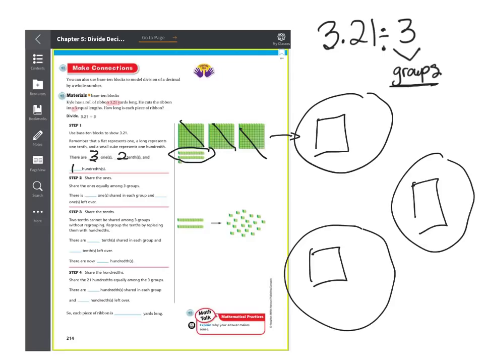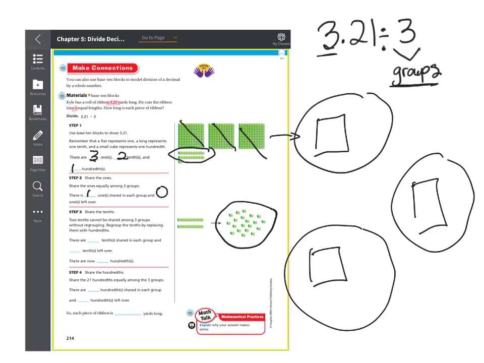Okay, so let's go to step 2 really quick before we go on. Share the ones equally among 3 groups. There is 1 one shared in the group and 0 left over, because that's talking about this, so there's no leftovers. So now when we share the tenths, we're going to take our tenth and turn it into 10 hundredths. So we're going to draw those 10.